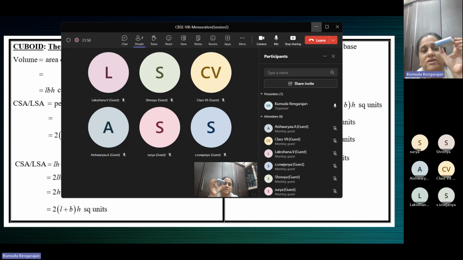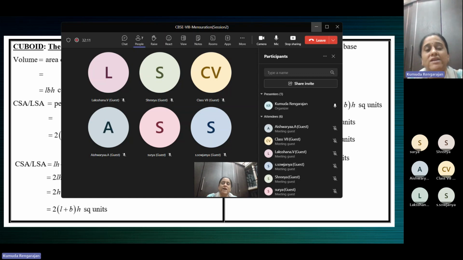So the uniform cross section of a cube is a square. The uniform cross section of a cuboid is a rectangle.